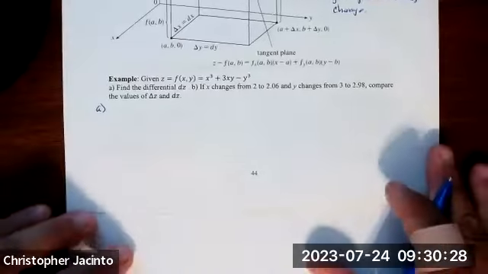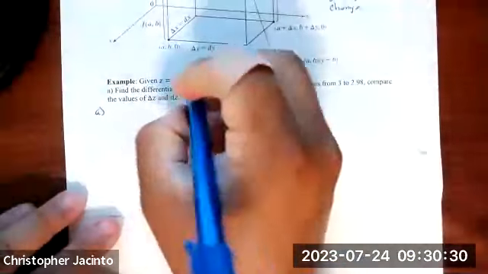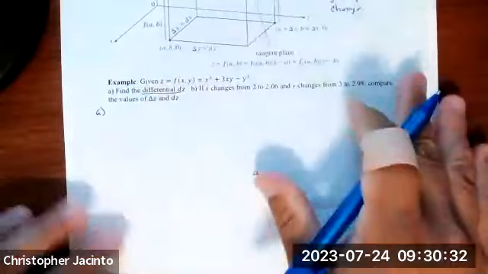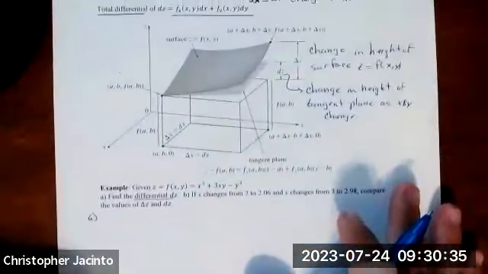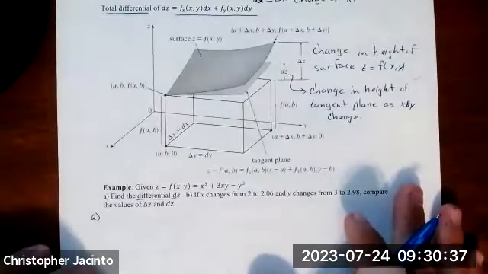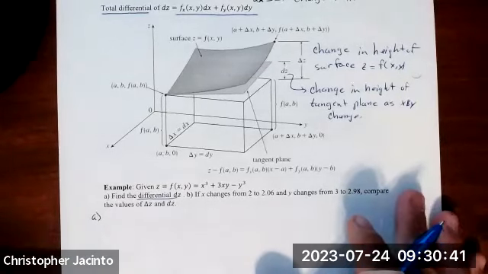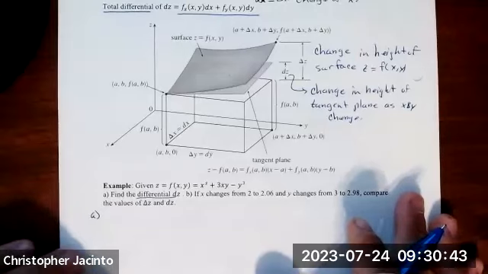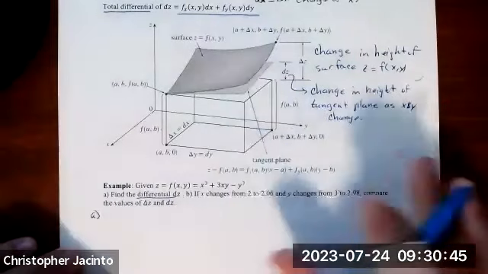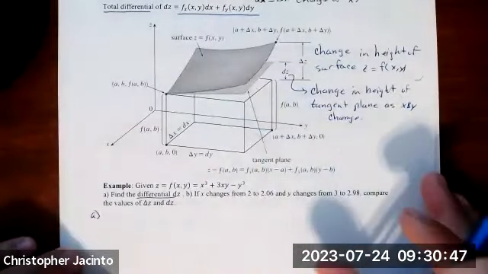Okay. So we want to find the differential dz, and that's just right here. We're going to find the partial derivatives with respect to x and y, and just have dx and dy there.